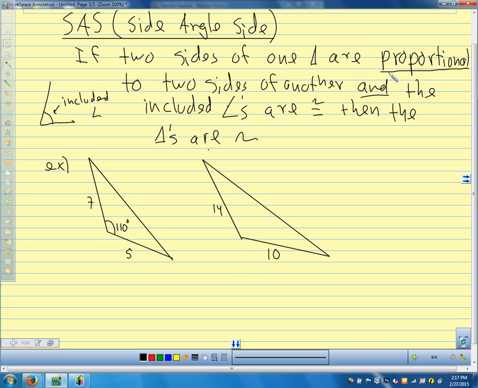What does this say? Sides are proportional and the angles are congruent. Has to be 110. So what if it was 109.9? No. Has to be exactly the same. They have to be congruent. Do you think we should come up with a word for almost similar? Almost congruent? No? I would just add more stuff.